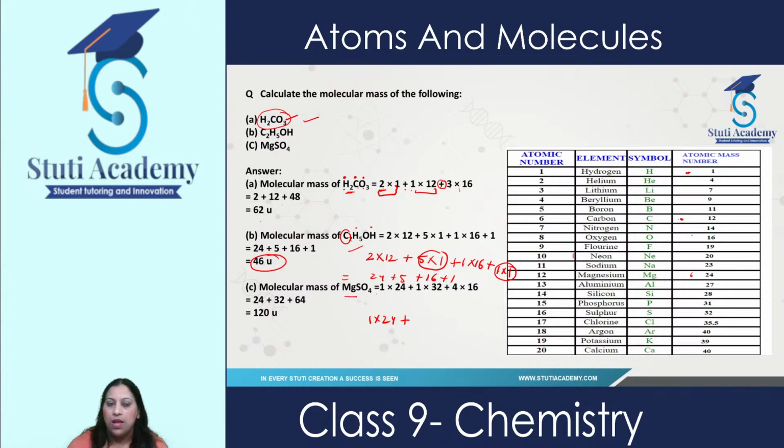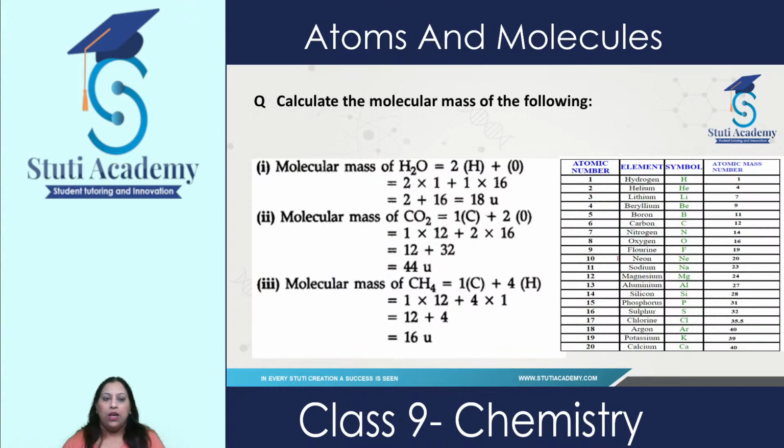Sulfur is 1 in number, and its atomic mass is 32, plus 4 multiplied by 16, and then solve it. 24 plus 32 plus 64, simple addition, and then you will get the answer 120 U. So I hope this is clear how you calculate molecular mass. And for the unit, you will write U, which is unified mass, or in place of U, you can write AMU, atomic mass unit. Okay.